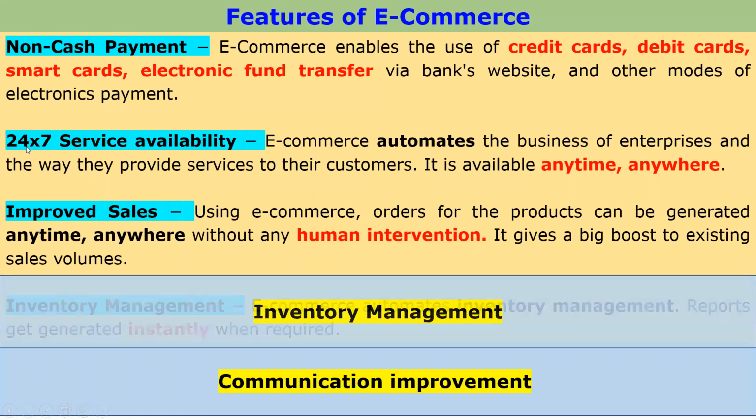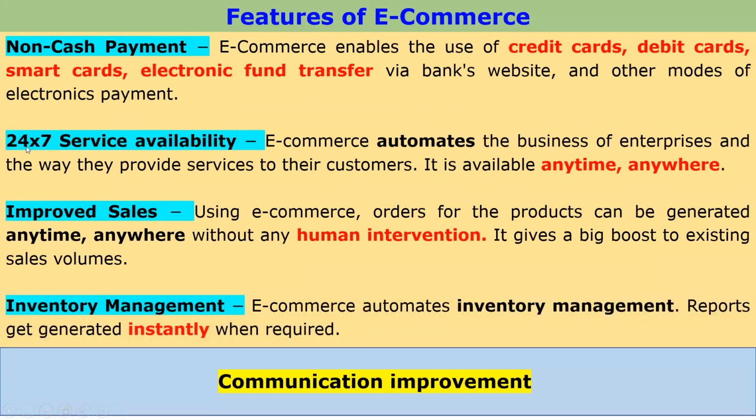Right, this is the point you want to remember. E-commerce automates inventory management. Right? It should have a very high quality automated inventory management system. Immediately after they do different types of transactions, it should be able to create different types of reports. These reports may be for their higher management or for the customers.